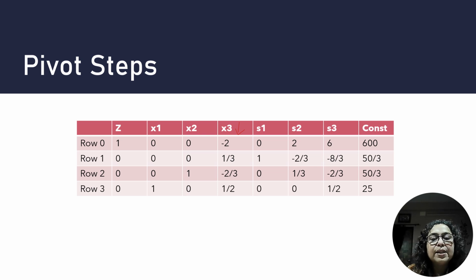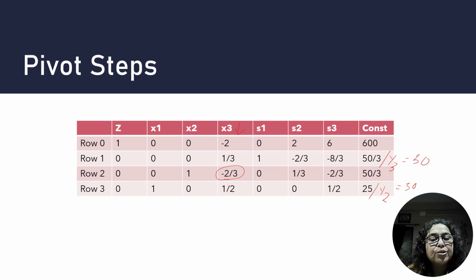Now here we can see that we cannot consider this because this is negative. So we again divide this 25 by half. Okay, so it becomes 50, and we divide 50 by 3 by 1/3, and this becomes equal to 50.